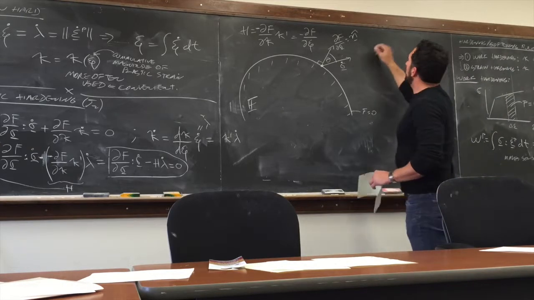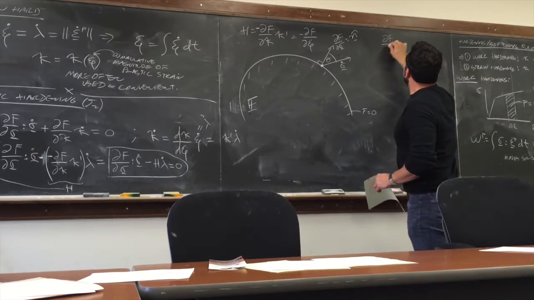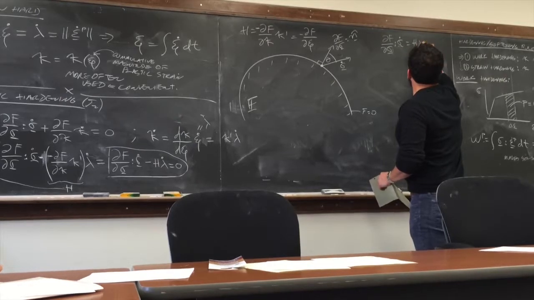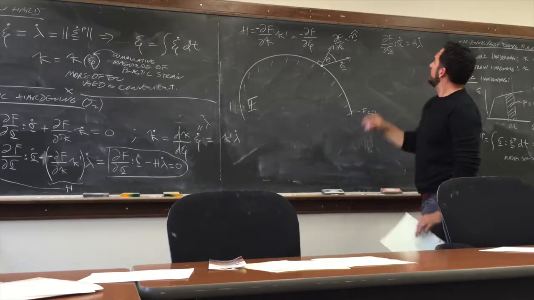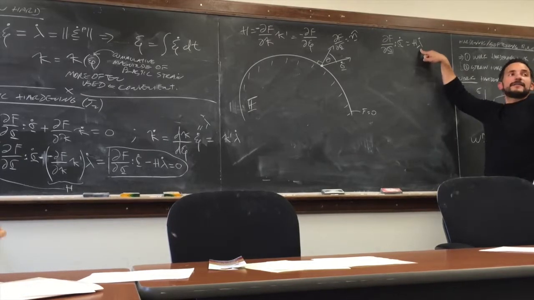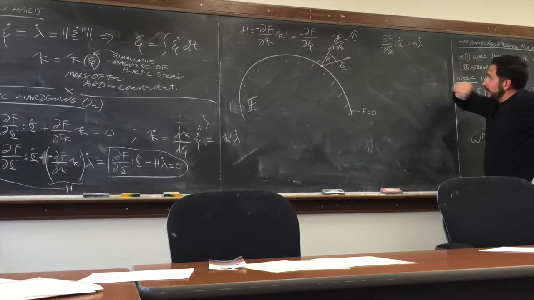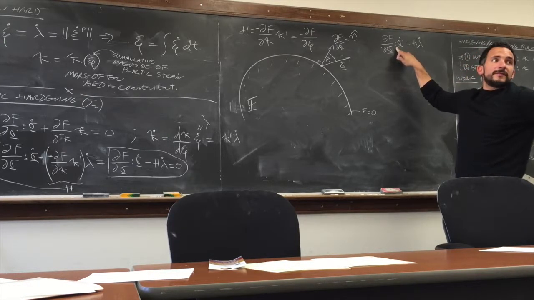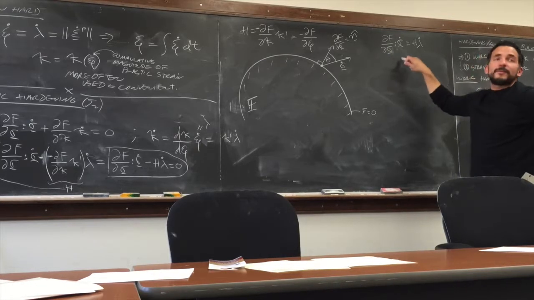So, let's look at the possibilities. Df d sigma, double contracted with sigma dot, according to my consistency condition, is always equal to h lambda dot. This guy is always positive, right? This guy, we don't know. All right, so, if these are vectors, this would be a dot product in vector world, right? That would make it a scalar product.